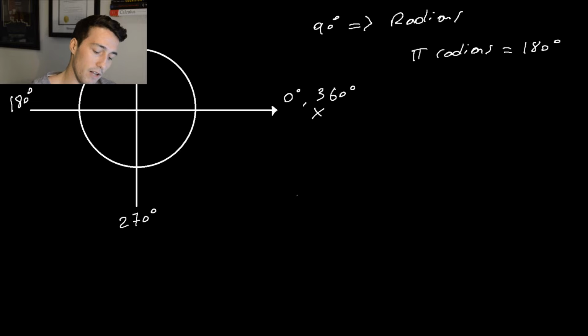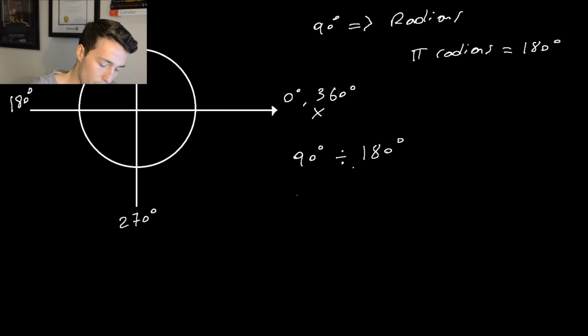And we can say, okay, if I want radians of 90 degrees, I'm going to divide by 180 divided by pi. So I'm going to say 90 degrees divided by 180 degrees over pi. That will give me radians.